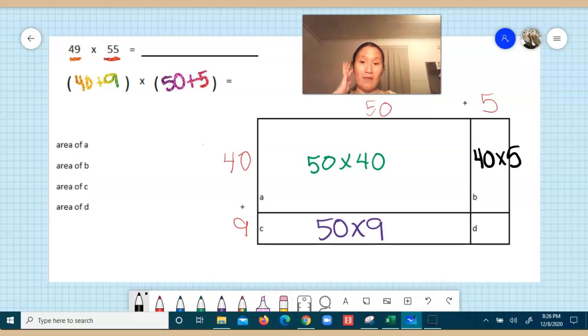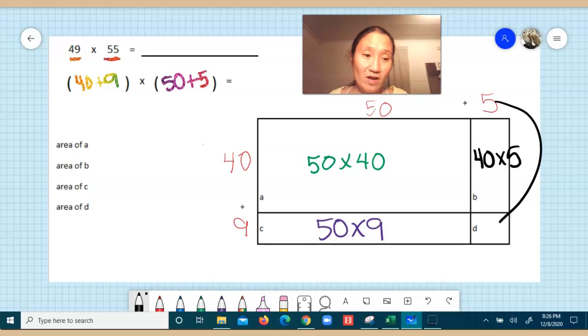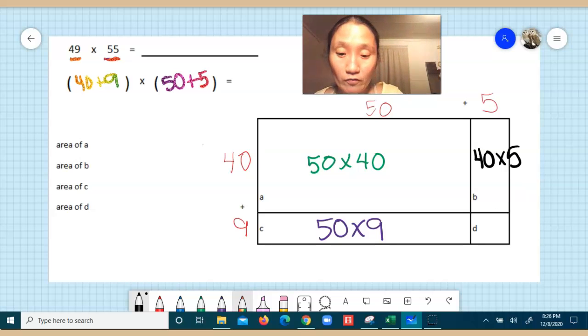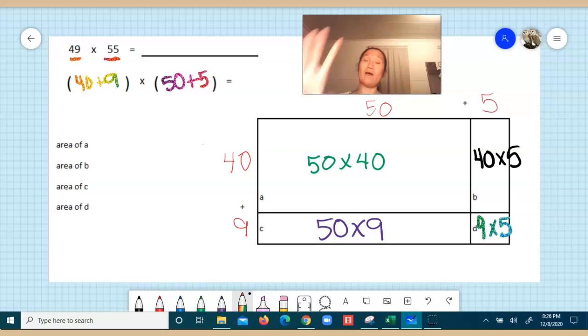Then I put my 9 in the box, and then I'm putting the 5 in the box, okay? So my equation for that will be 9 times 5, okay? So I have all of my equations.